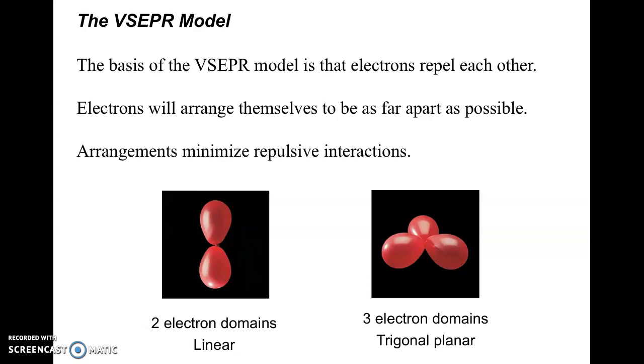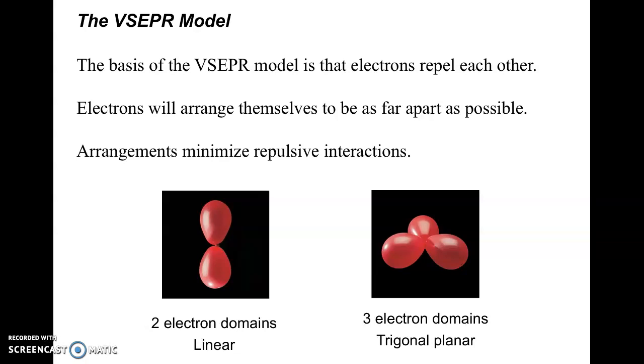The one on the left would be an AB2 molecule, maybe something like CO2, where you only have two bonds and the electrons are trying to be as far away from each other as they can be. There are no lone pairs, and so it becomes a linear molecule. They're 180 degrees apart.